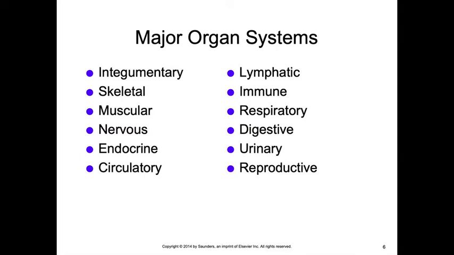The nervous system, the endocrine system, the circulatory system, the lymphatic, immune, and respiratory systems, the digestive, the urinary, and the reproductive systems. All of these systems are dependent on each other. If one were to shut down, the other systems would suffer.